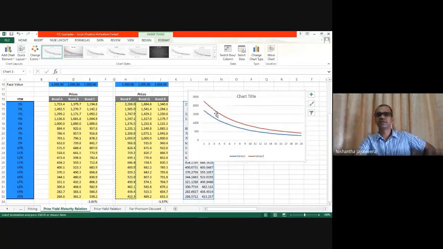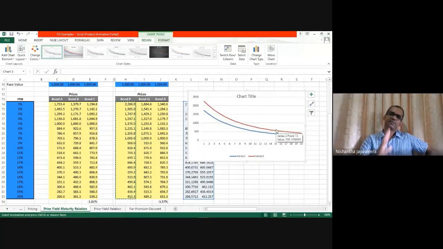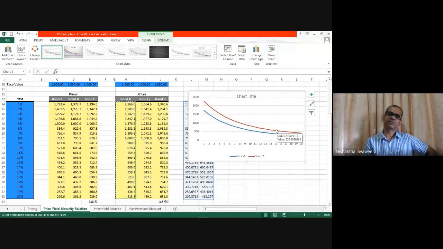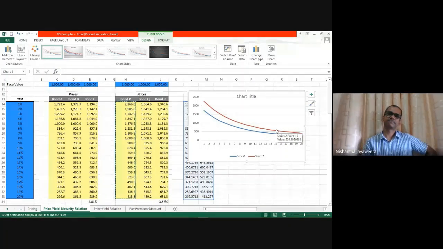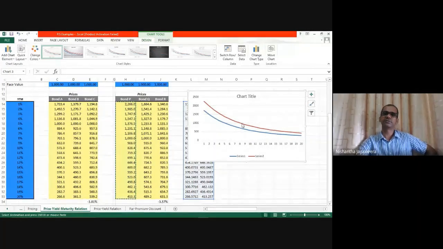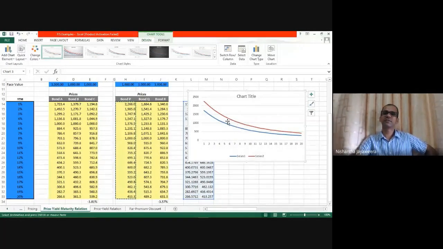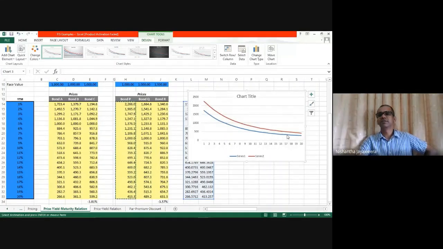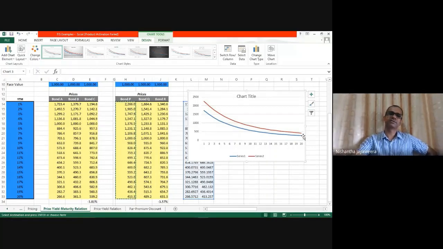That means the red one is more curvy than the blue one. This is because of the coupon difference. And since the coupon is high, price is high for the same yield. But when it comes to the end, the difference narrows.